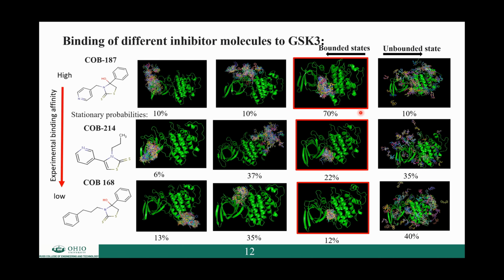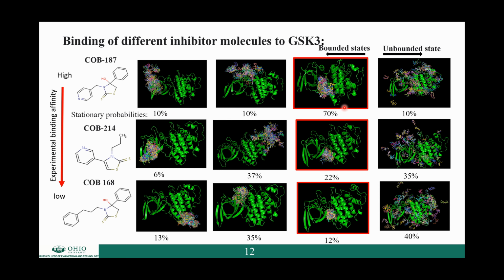As you can see, our Markov state analysis shows 3 binding states and the unbound state on the very right-hand side, and the number below each figure is the stationary probability of each state. Our trend also shows the same behavior.